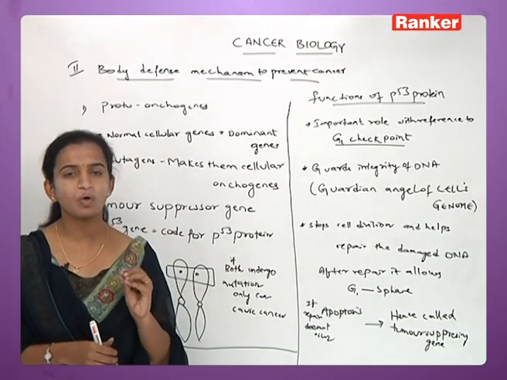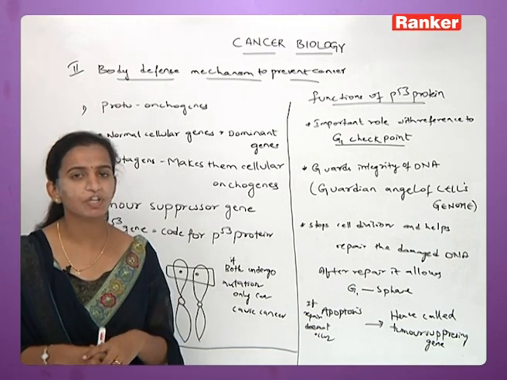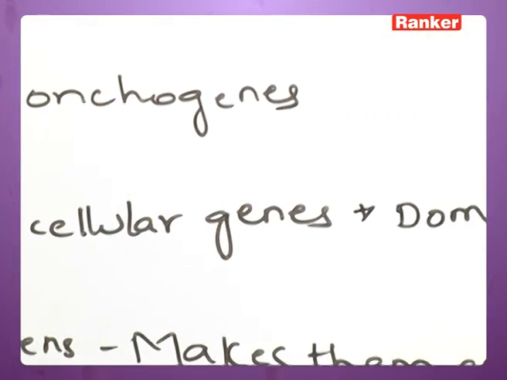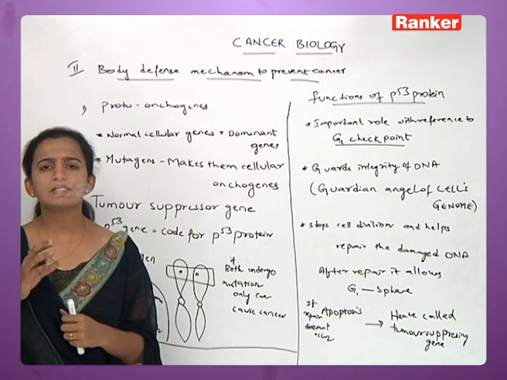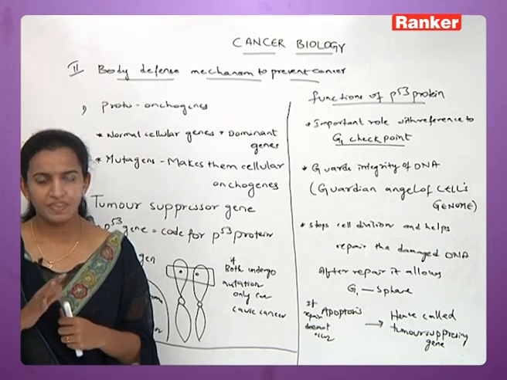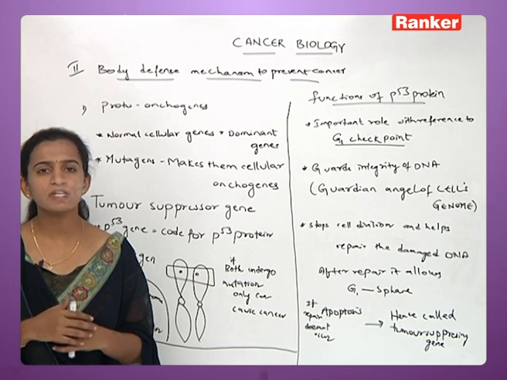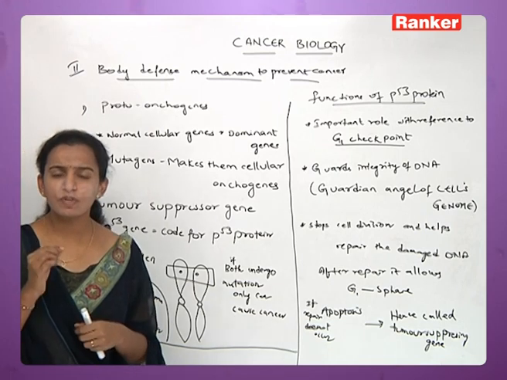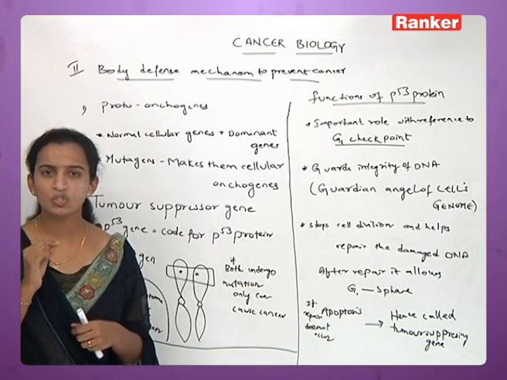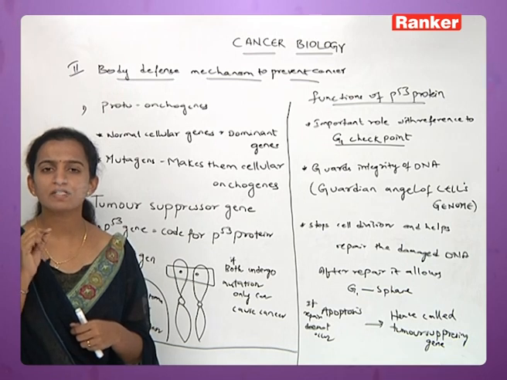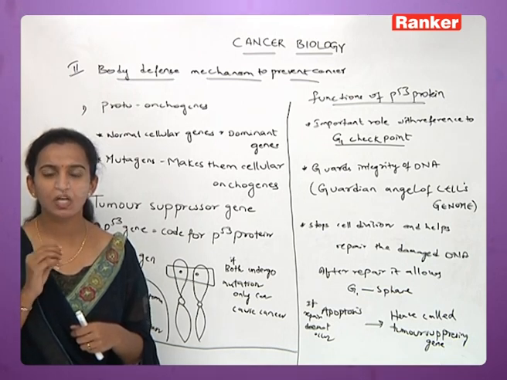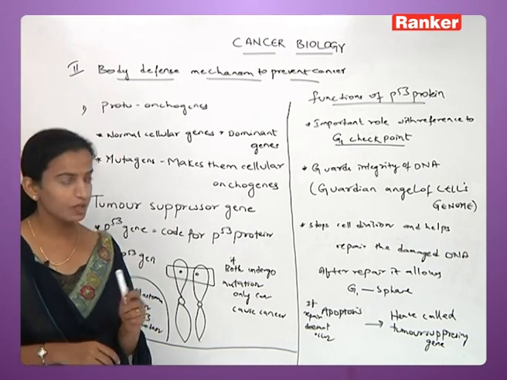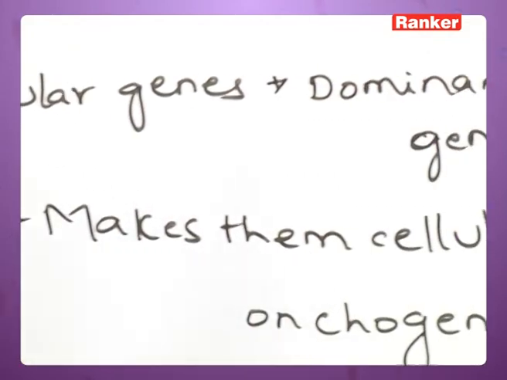They are normal cellular genes, but there is a gene which can cause cancer, and we know there are homozygous and heterozygous genes. What proto-oncogenes tell us is that if even a single dominant gene is present, or if even a single mutation takes place in a gene, the cell is going to cause cancer. So here mutagens make them cellular oncogenes.